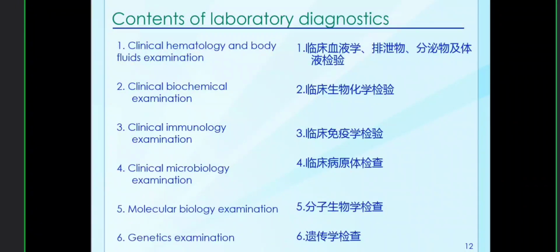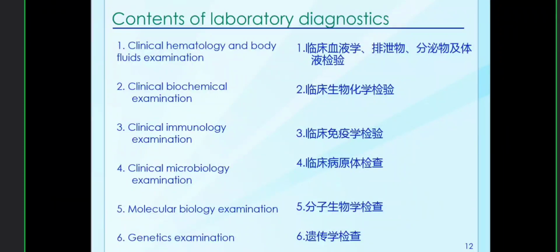So, in the department of laboratory diagnostics, there are many sub-laboratories, such as the clinical hematology and the body fluid examination. In Chinese means 临床血液学排泄物、分泌物及体液检验. And the second one is the clinical biochemical examination, means 临床生物化学检验. It's for some the blood sugar and blood fat and other biochemical items.